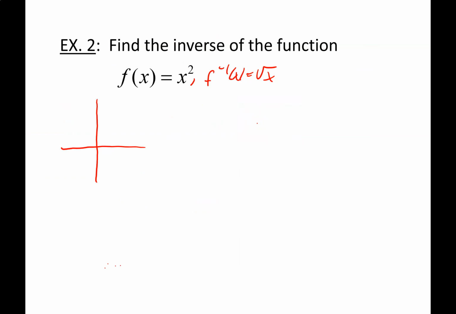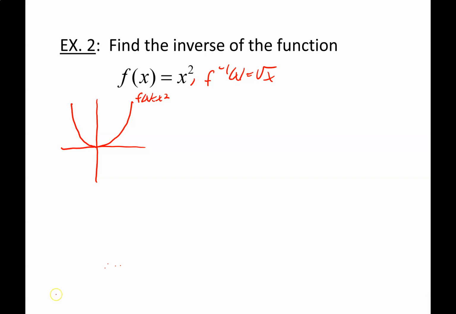Here we go. So here is my parent function, f of x equals x squared. Remember what I told you about when we were doing lines before? Passes vertical line test, passes horizontal line test. It's a one-to-one function. It's pretty kind of straightforward as to what you do.